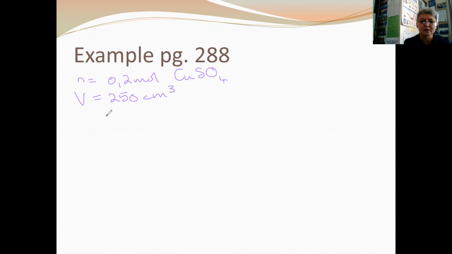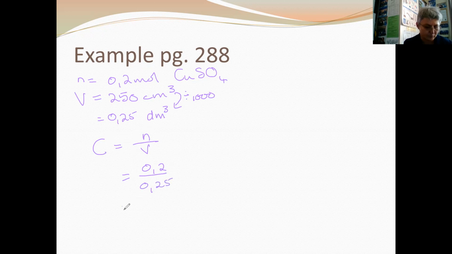So they want us to calculate the concentration here. For that, we need to convert the cubic centimeters to cubic decimeters by dividing by 1,000. So that is 0.25 cubic decimeter. Concentration would be mole divided by volume. So 0.2 divided by 0.25, which gives us 0.8 mole per cubic decimeter.